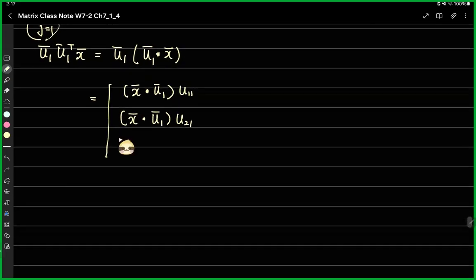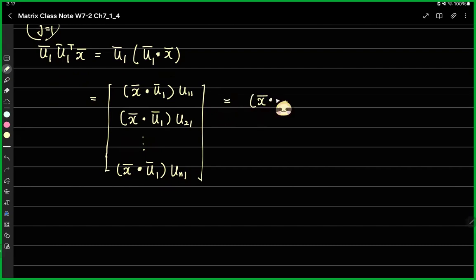So this is equal to x dot u1 through un1. That is equal to the dot product of x and u1, which is just a scalar. So we can take it out. Then we get this times the vector u1.